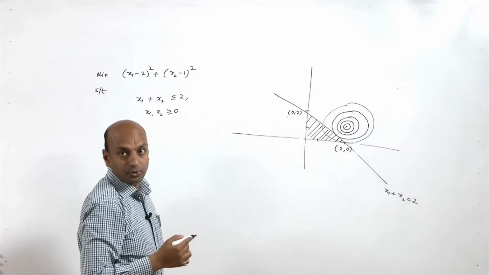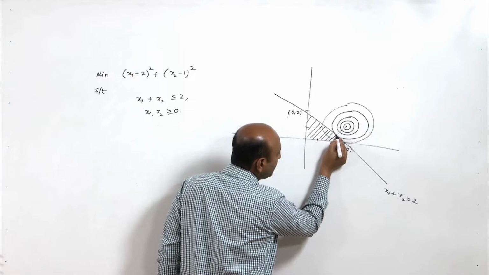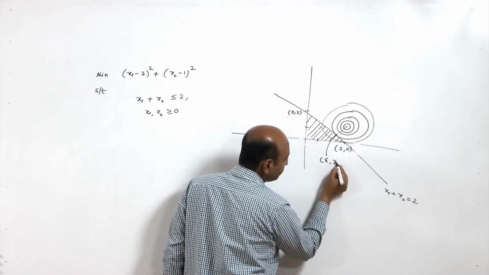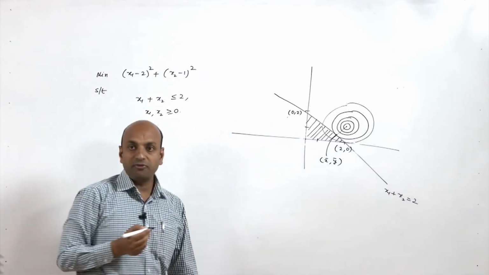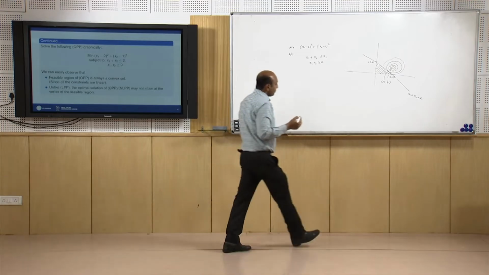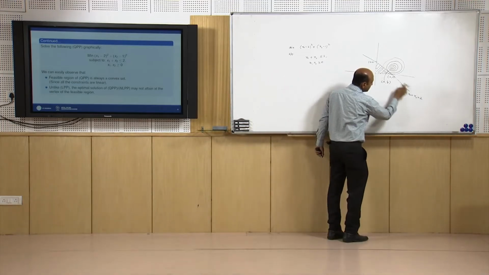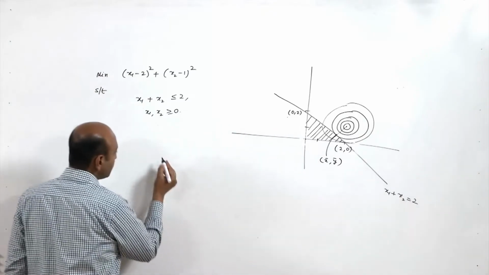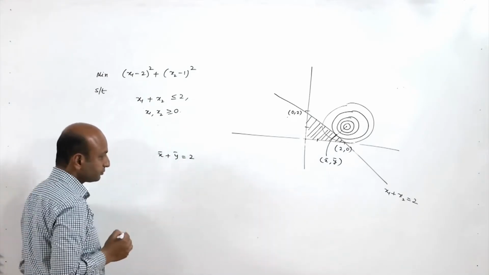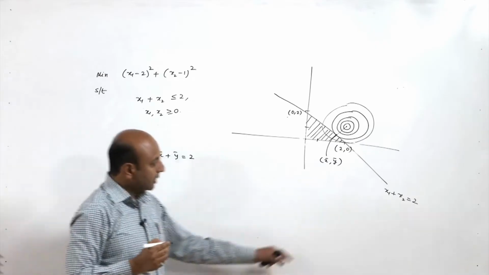Okay. Now, what is this point? Say this point is (x bar, y bar). This point we have to find out, this point is an optimal point. Okay. Now, this point will satisfy this constraint. So, this constraint will be, suppose, x bar plus y bar equal to 2. Okay.